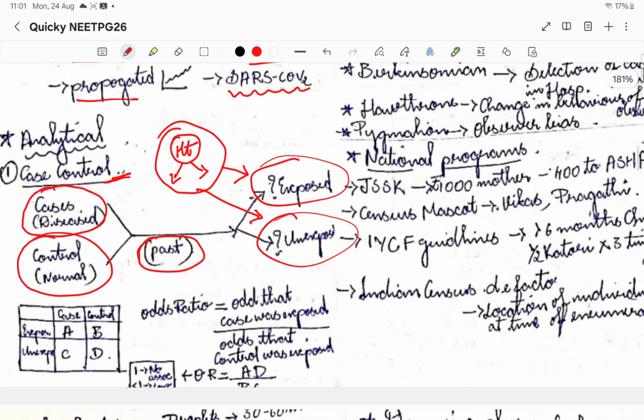We are finding the association between the particular disease and the exposure, so it is the odds ratio that we will take: odds that the case was exposed divided by odds that the control was exposed. Not all the controls would have developed the disease, right? So this is how we will find the odds ratio.